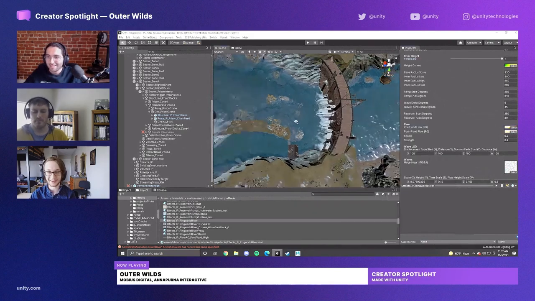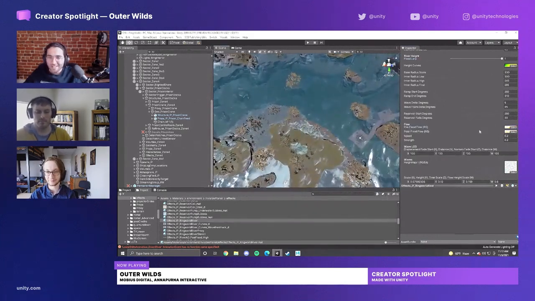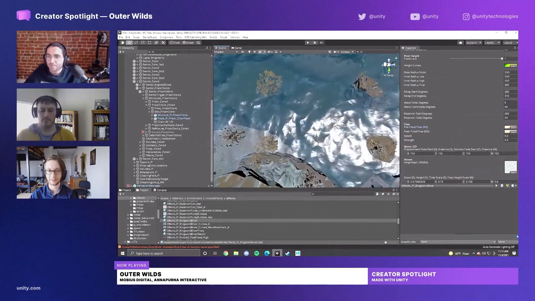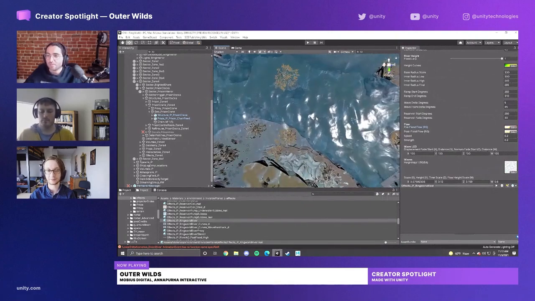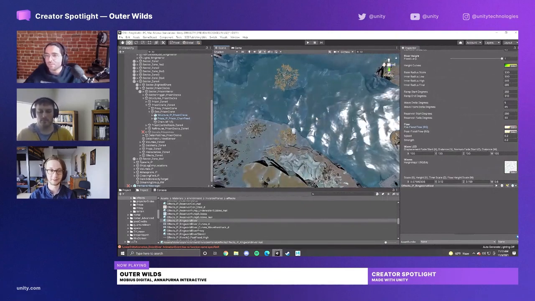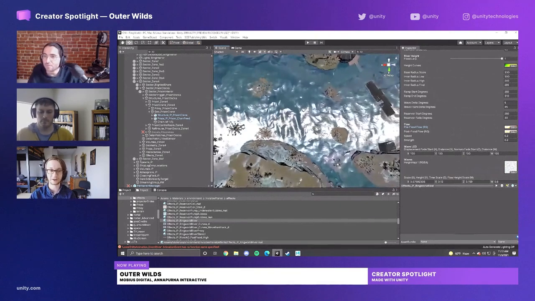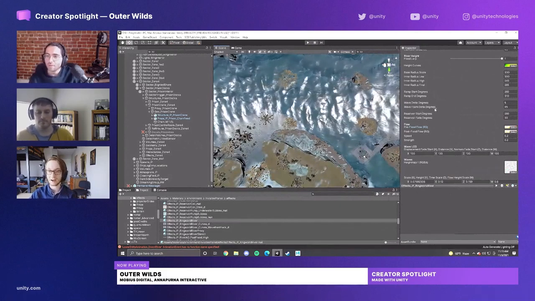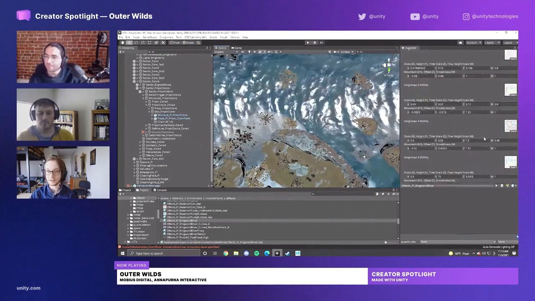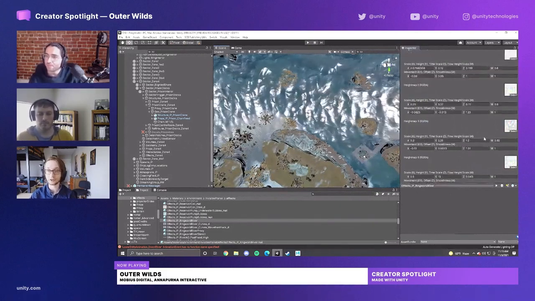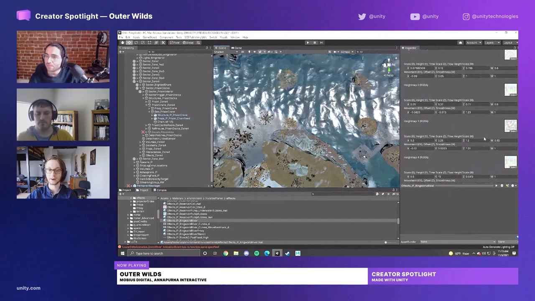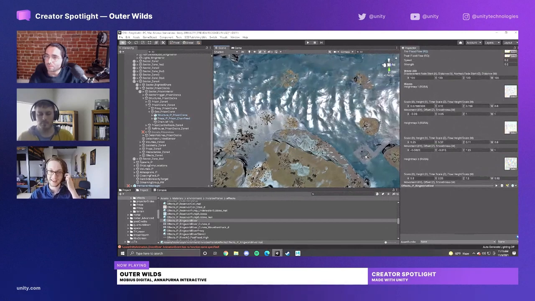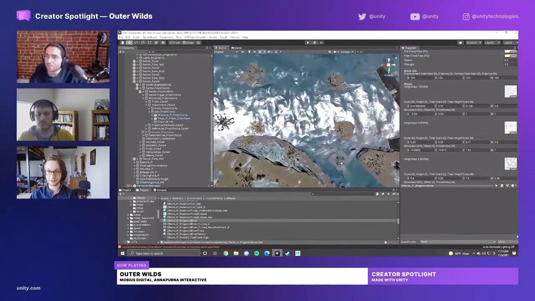Another thing going on is we have the flow maps for the direction that the waves scroll, and these are baked from the physical currents that the designer set up. So it feels correct without us having to try to do some weird UV trickery or something. And then, like Wesley explained with the ocean and Giant Steep, we have 4 textures, which in themselves have 4 monochrome textures that determine the way that the waves look.